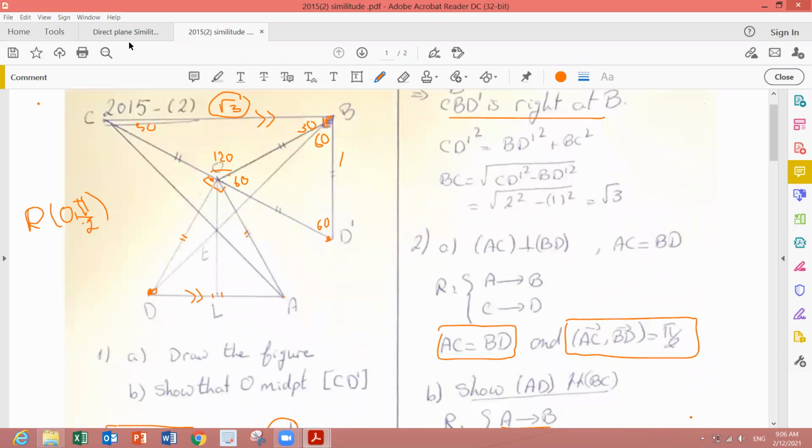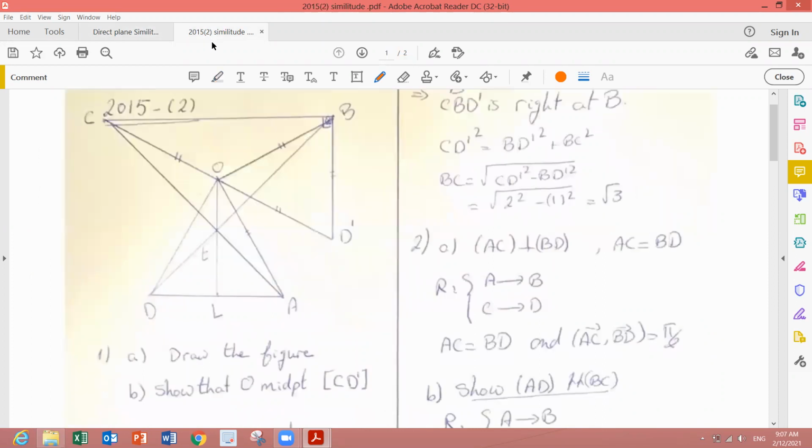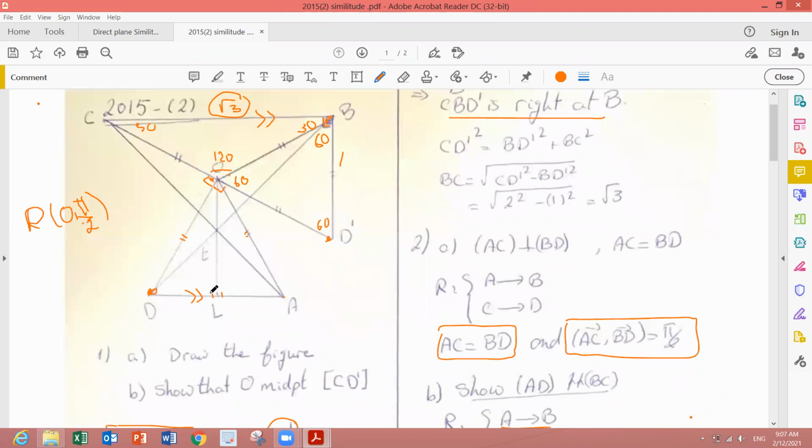What is F? Sir, where is F? F is the image of whom? L. F is the image of L. Where will F be? With ratio minus radical 3.